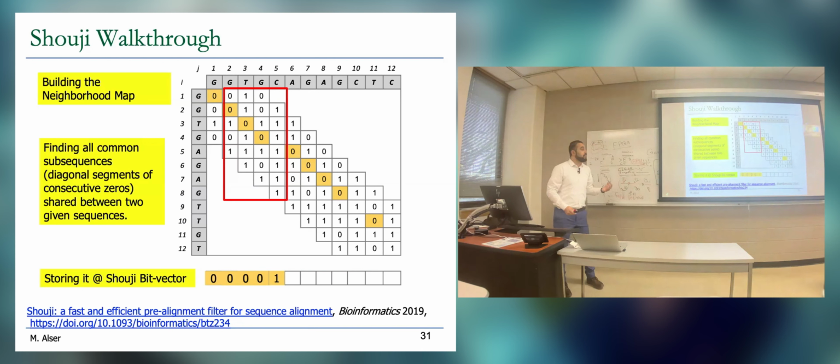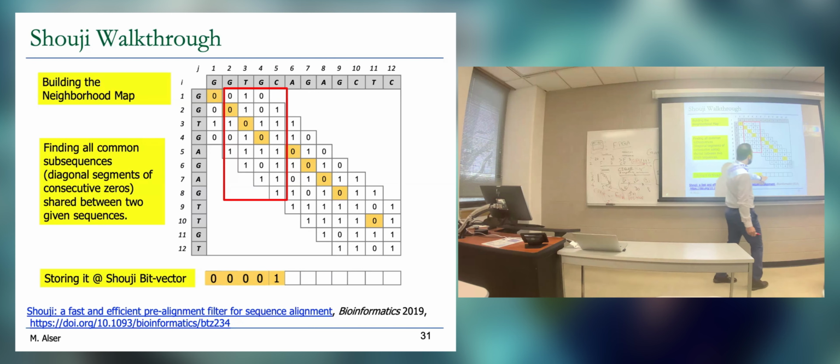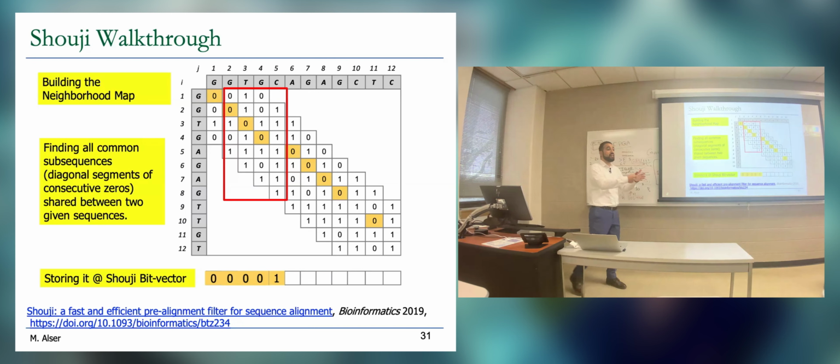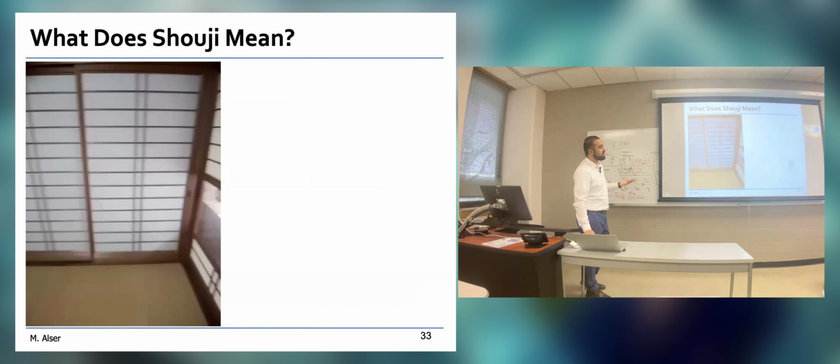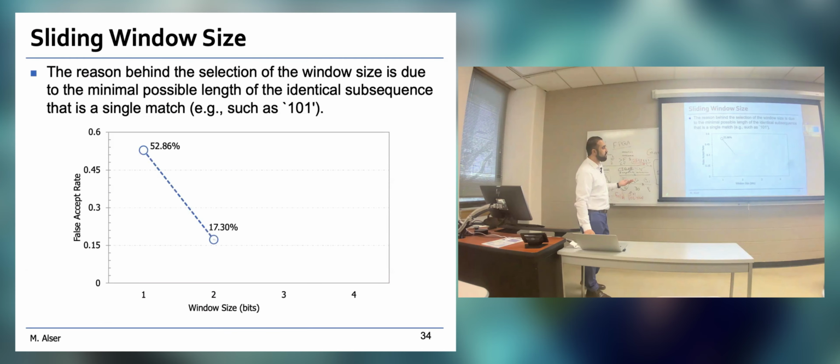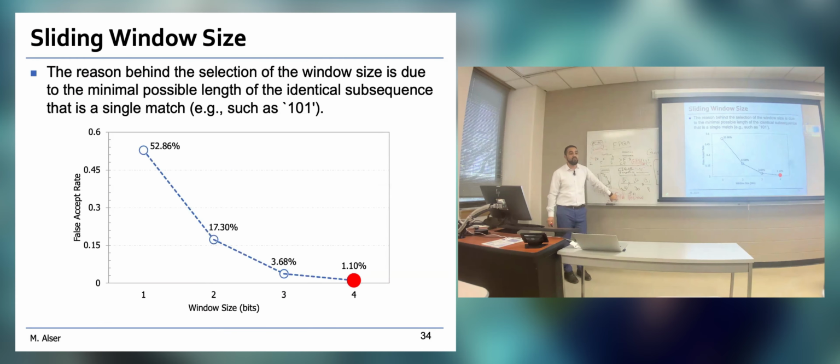And then we're going to see a lot of ones that are going to overlap with the answer over here. And then sometimes we overestimate rather than underestimate. And then we figure out that the size of 4 is the best to not have false negatives, but also very low false positives. Okay?